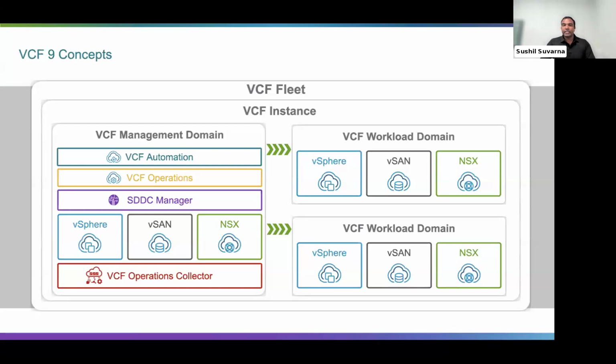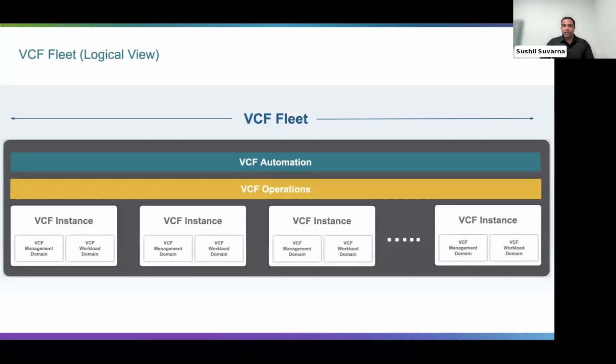You get the flexibility in terms of how you want to design it, but a single automation and a single VCF operations component together with a bunch of different instances form a VCF fleet. And as you look at this from a logical construct, this is what it looks like, where you have different instances under the covers that are managed by a single VCF operations and has a single VCF automation that can serve as the consumption layer.